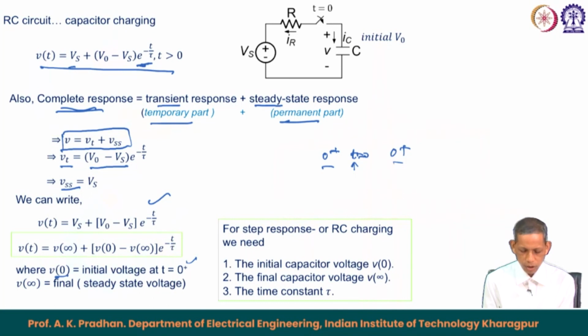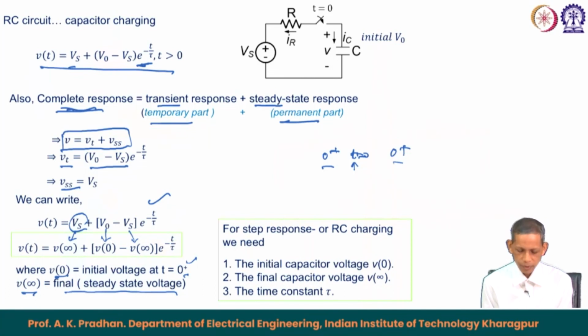So V naught is the initial voltage at t equals 0 plus, and V infinity is the final steady state voltage. This is the initial voltage, and this is the steady state voltage V infinity, multiplied with e to the power minus t by tau. Therefore, the complete response can be represented in terms of V naught and V infinity.